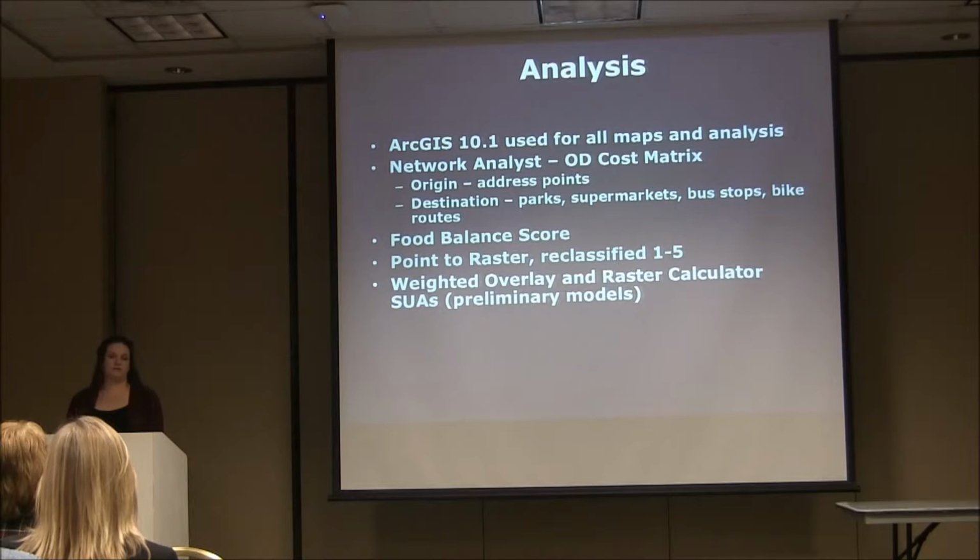We can weight each different criteria proportionally so that when they're combined, they equal 100%. And in order to determine which layer got which weight, I got input from the community and used that to base my weight classifications on.